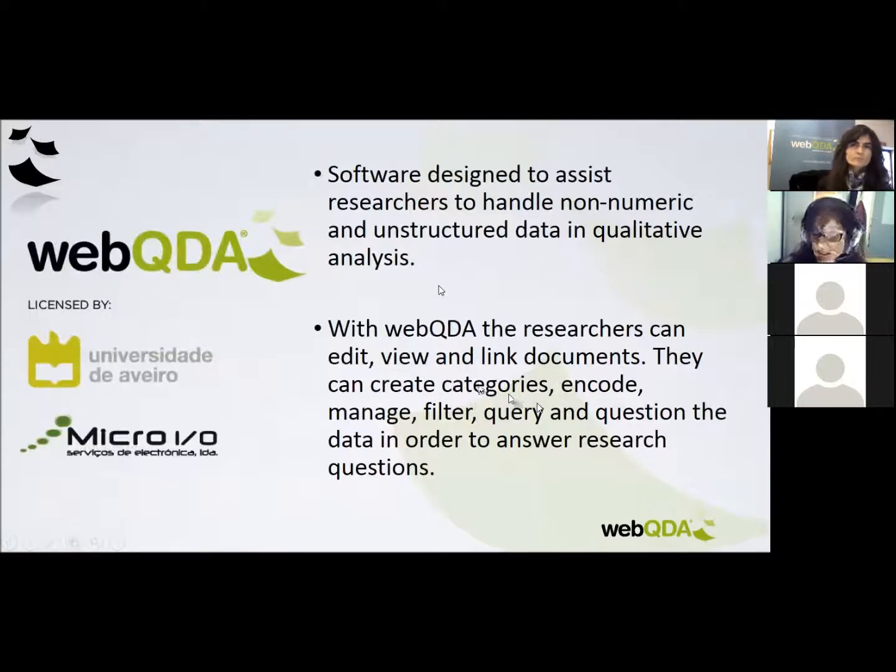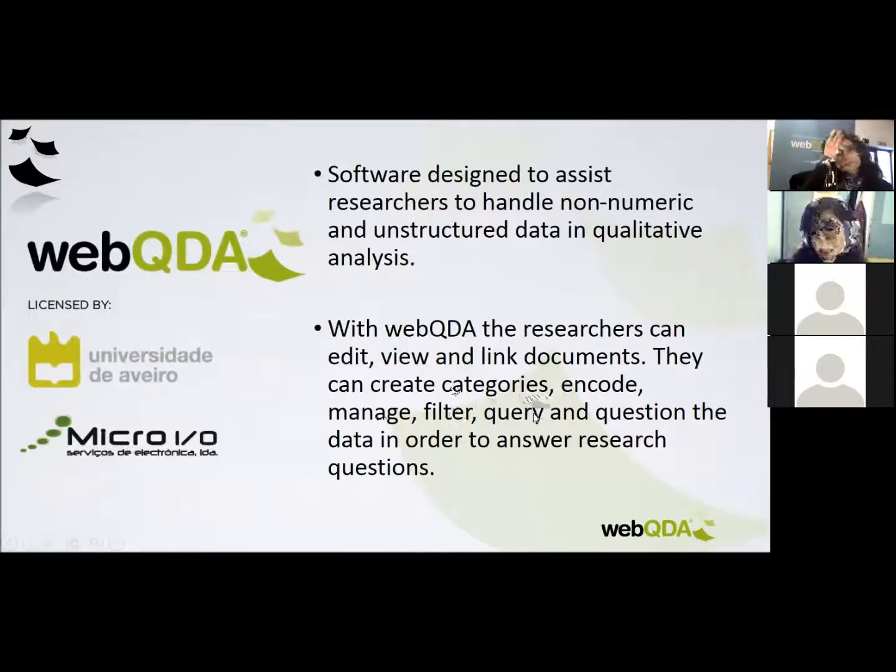So, big features of webQDA that I believe go hand in hand with what qualitative researchers look for when they are conducting research: to build categories, to encode, that is connecting data to categories, and manage, filter.